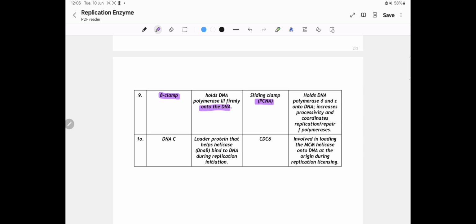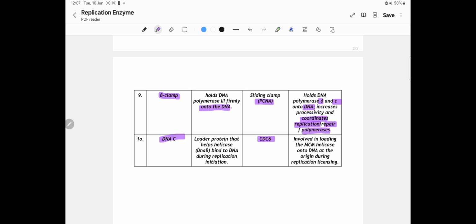PCNA holds DNA polymerase delta and epsilon onto DNA, because delta and epsilon synthesize the lagging strand and leading strand, right? So it increases processivity and coordinates replication and repair polymerase, okay. So beta clamp coordinates with PCNA, and see here DNA C, it is also coordinated with CDC6.